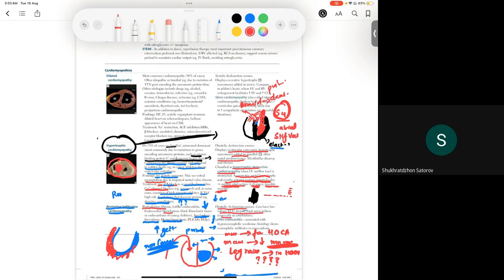Why are we going to have low voltage ECG? Just think on that. It's really simple. Low voltage ECG is also seen in tamponade, right? Pericardial effusion.